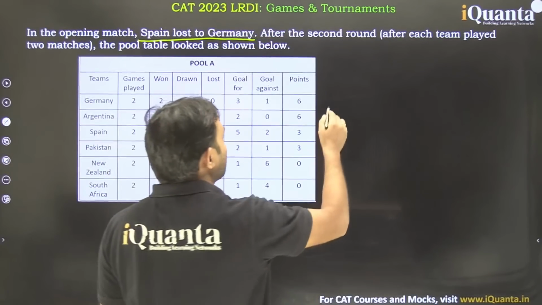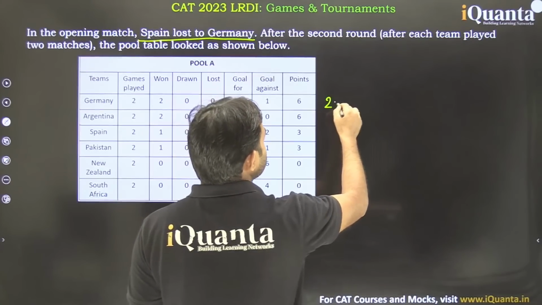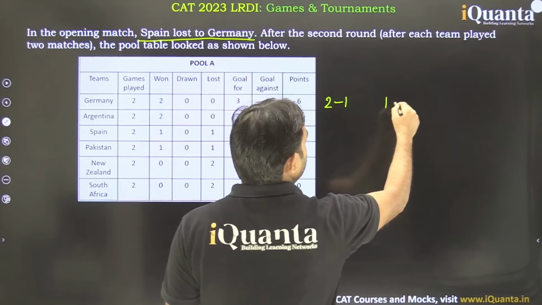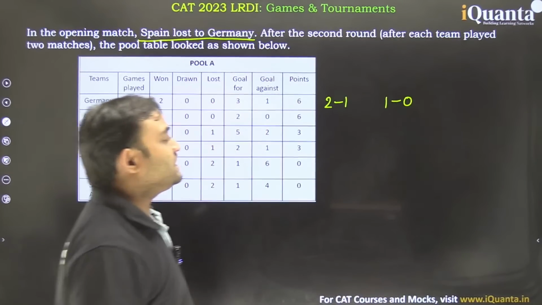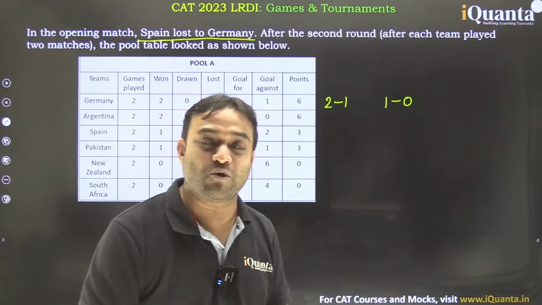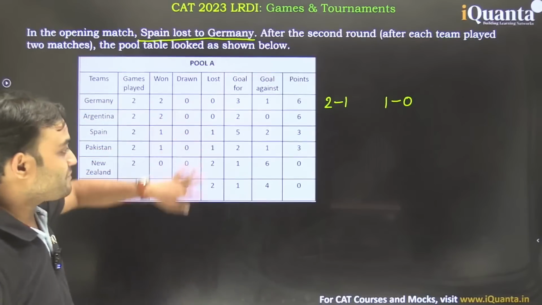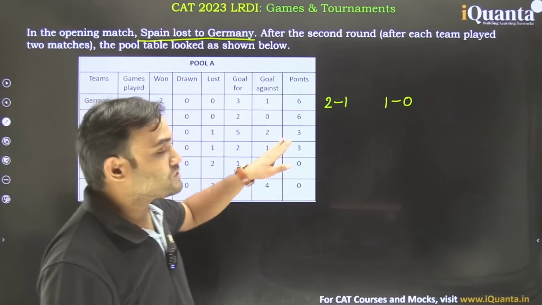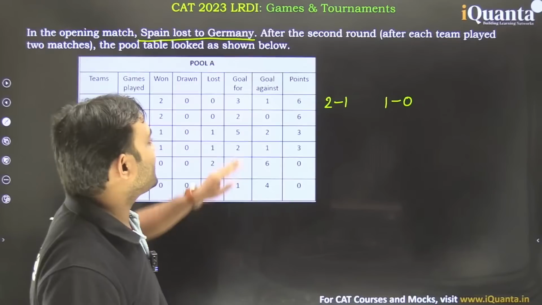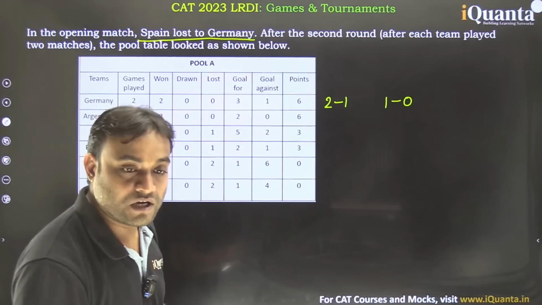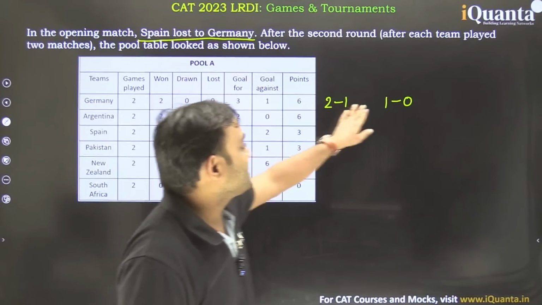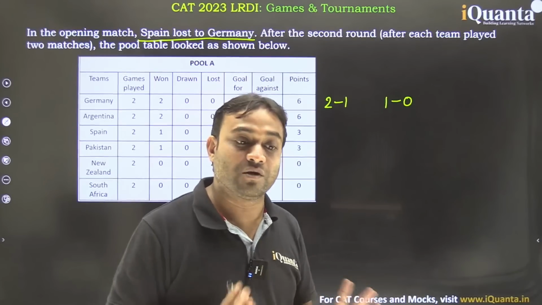Can we say the score line for Germany could be 2-1 and 1-0 only? These are the only scores possible in those 2 matches. Germany won both the matches. There are a total of 3 goals scored by Germany, and Germany faced only 1 goal against. So this is the way Germany could have won both the matches.